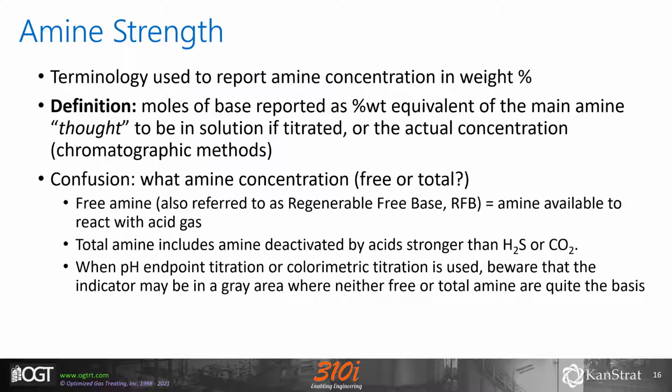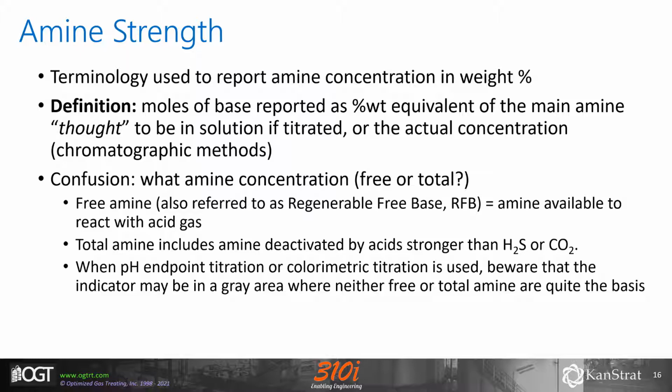A lot of confusion comes when you do a titration. There are two forms of the amine. There's the free amine, which is available to react with the acid gas, and there's bound amine, which cannot react. Free amine plus bound amine is total amine. Sometimes the vendors will report the free amine as RFB, or regenerable free base.